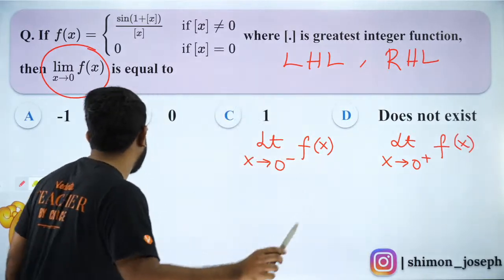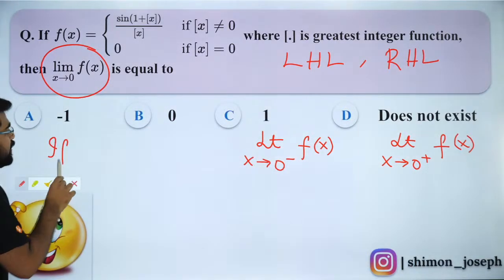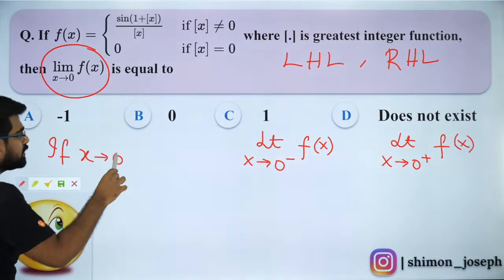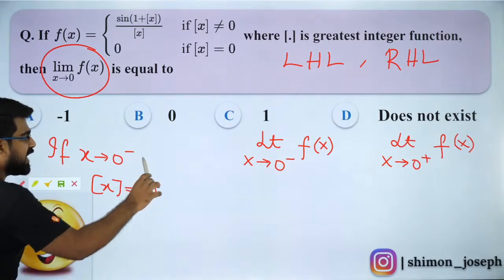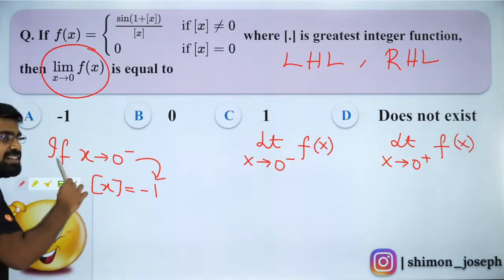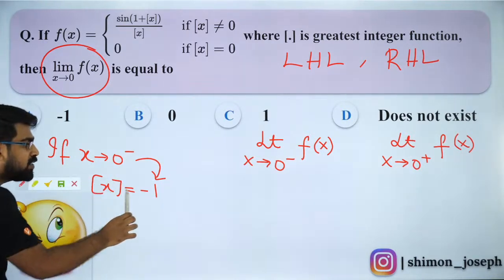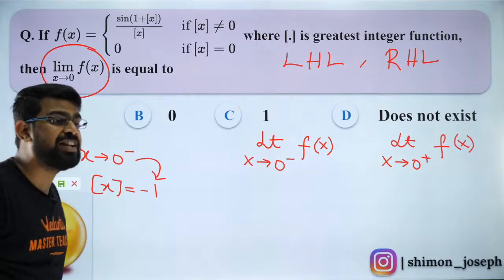So guys, please understand this. If x tends to 0 minus, then box of x will be minus 1. How many of you can understand that? If x tends to 0 minus, then box of x will be minus 1. Did you guys understand that?